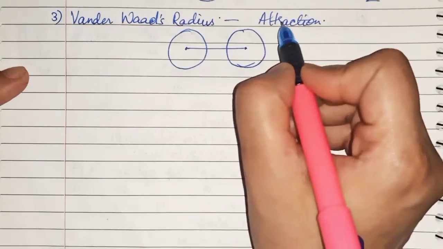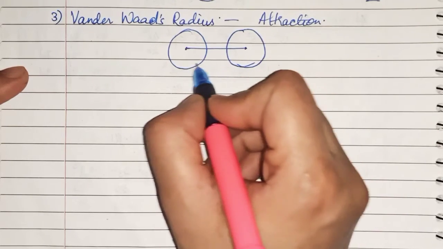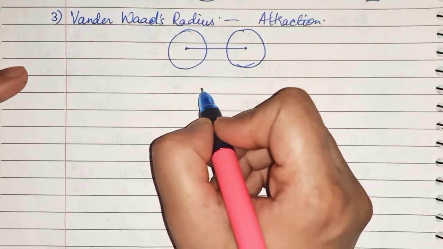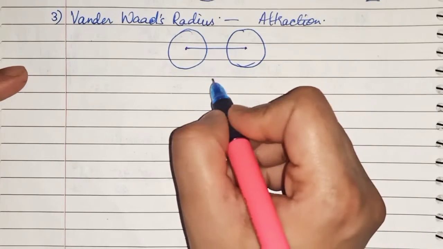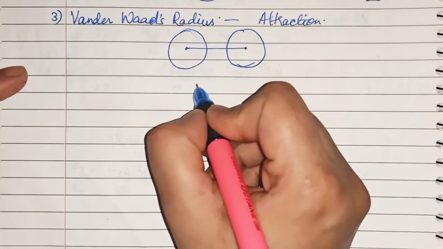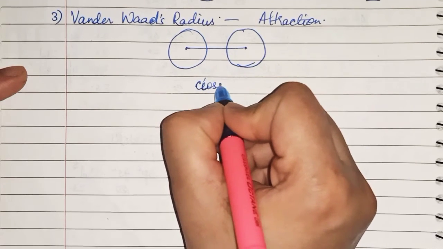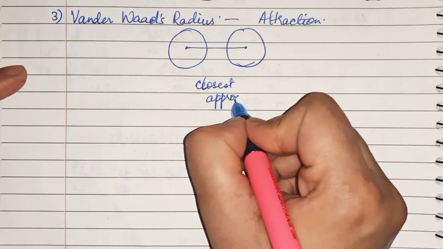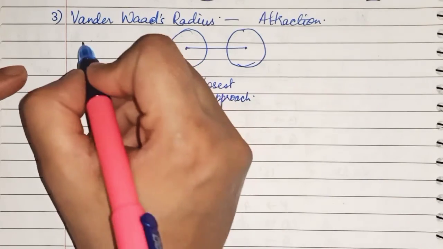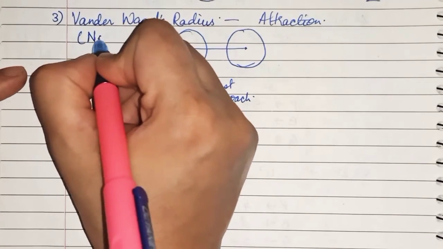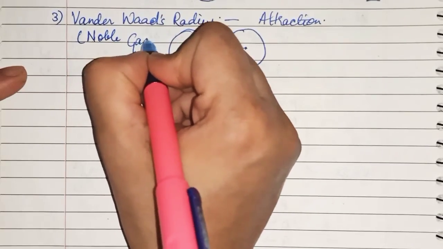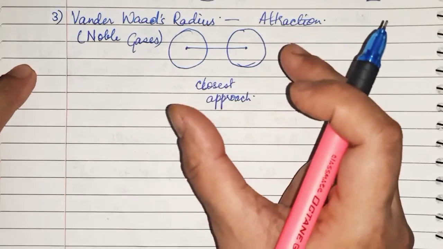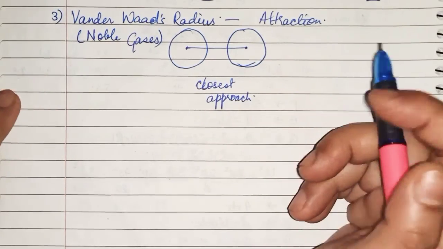You can say that no sharing of electrons is taking place here. This attraction will be there when the two atoms are very near to each other but not touching the boundaries, or you can say the closest approach. This is mainly present in noble gases, because noble gases are not able to share electrons as their octet is fulfilled.